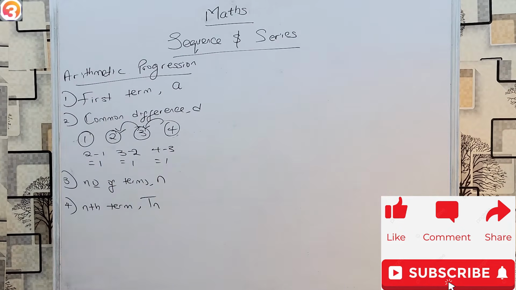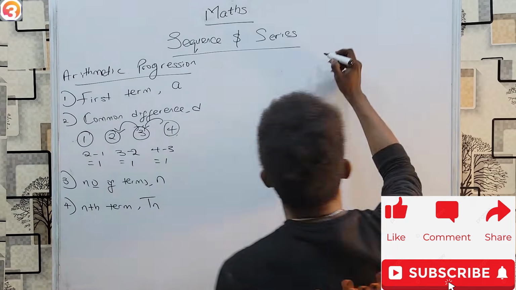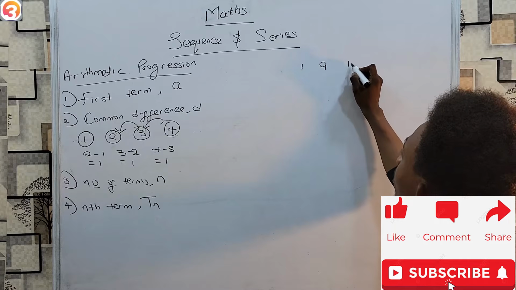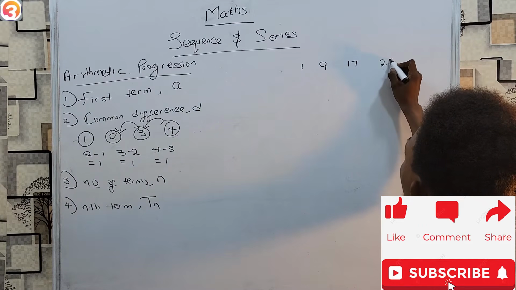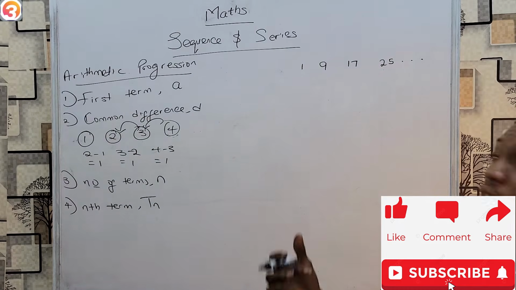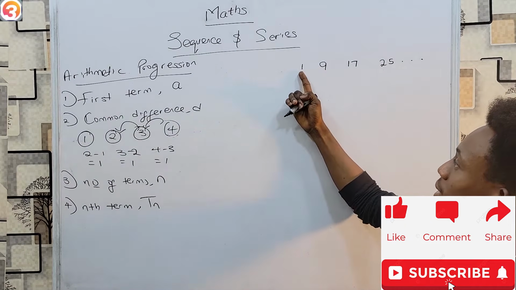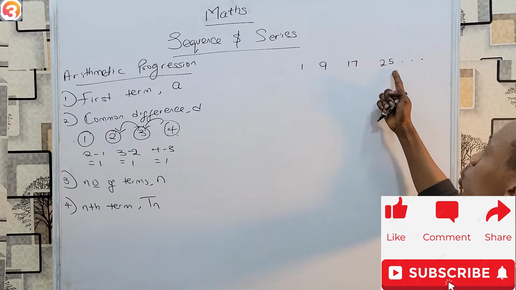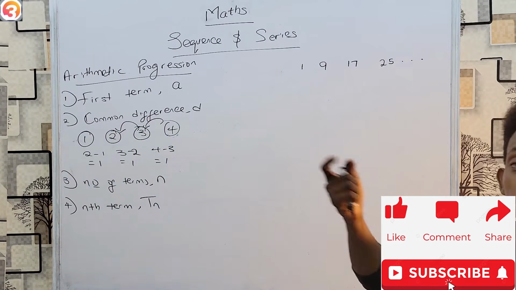If I analyze using a different sequence now, let's say 1, 9, 17, 25, and so on. Now this one is an AP. How do we know? Because 9 minus 1 is 8, 17 minus 9 is also 8, and 25 minus 17 is also 8.